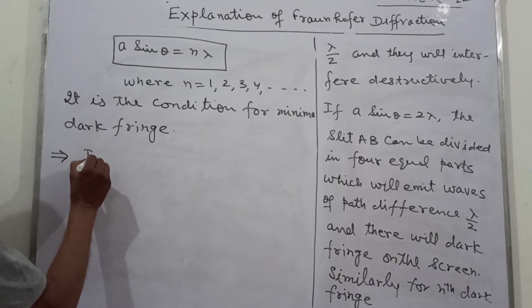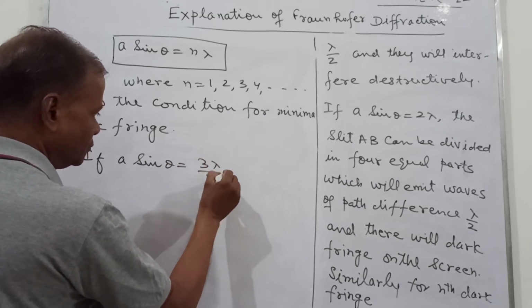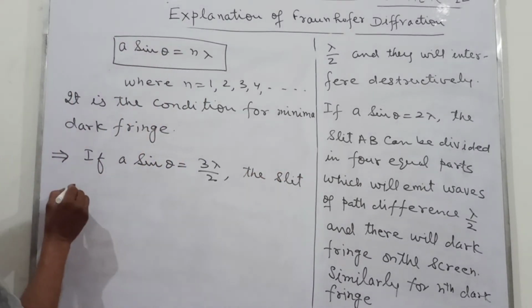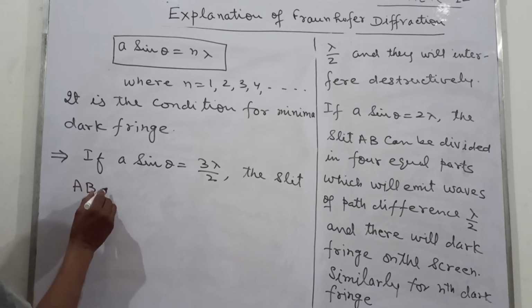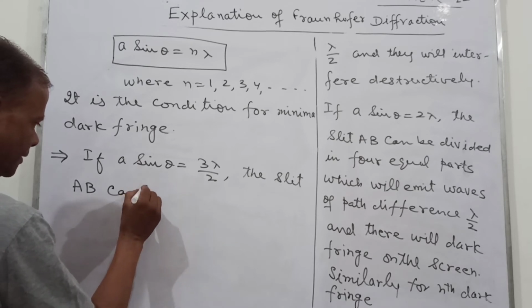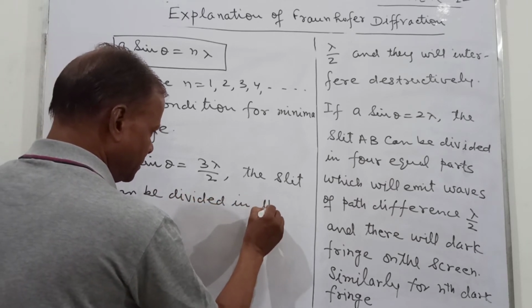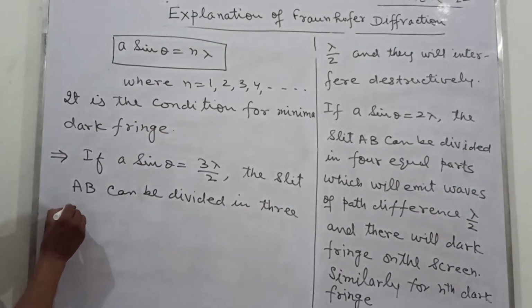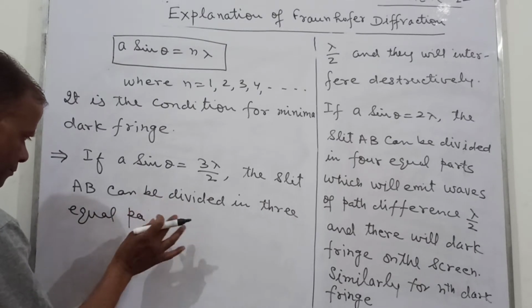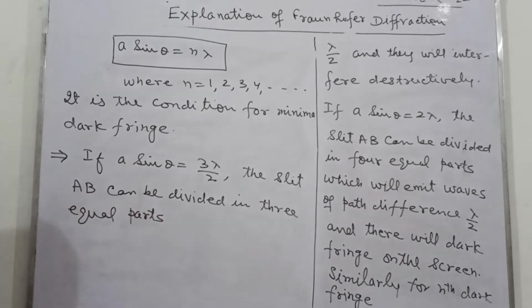Now if a sin theta is equal to 3 lambda by 2, the slit AB can be divided into 3 equal parts.